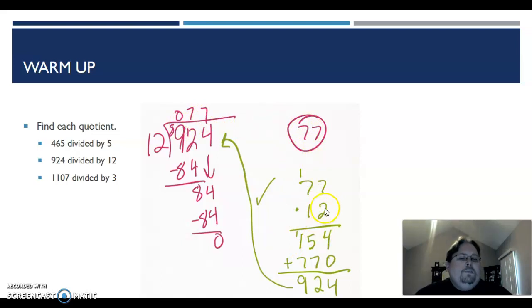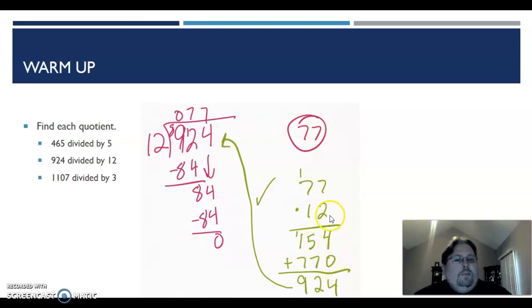Now, there's some problems I've seen in the past of people when they're checking these problems, when they're doing this multiplication with double digits. Make sure you take this first digit in your ones position and you multiply it by everything in the top. So 2 times 7 is 14. I put the 4 down here. I bring my 1 up. Then I take this 2 and multiply it by that 7 as well. So 2 times 7 is 14, plus 1 is 15.